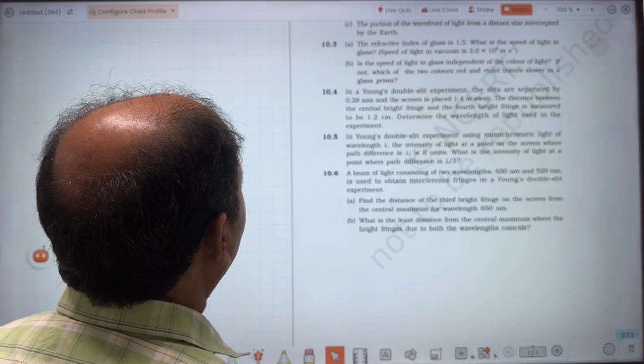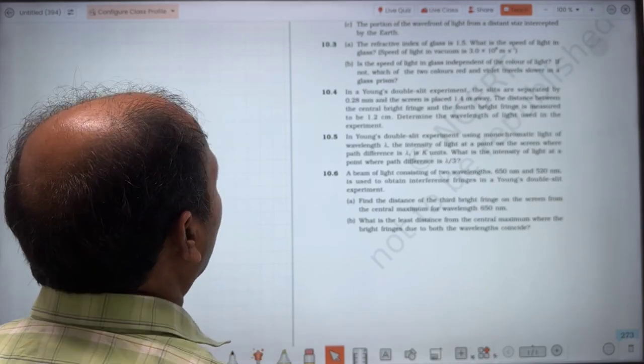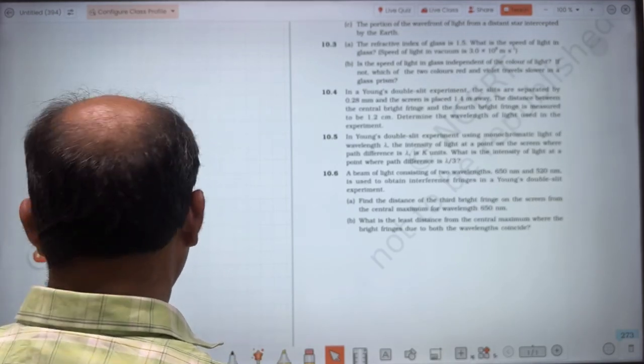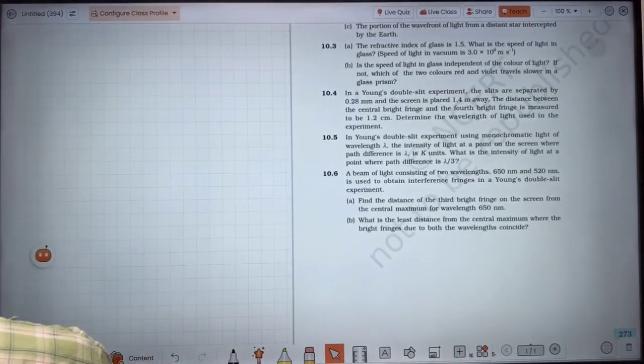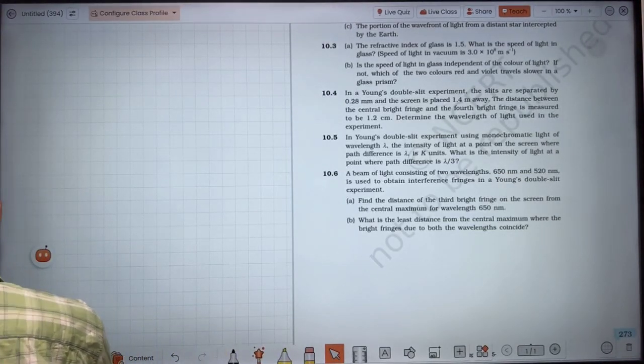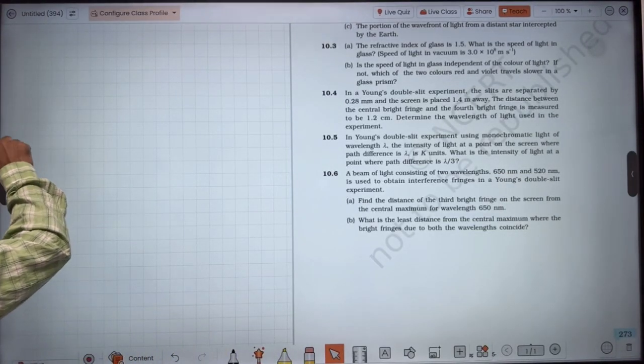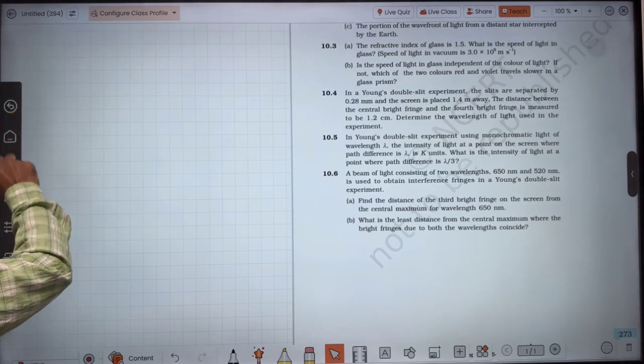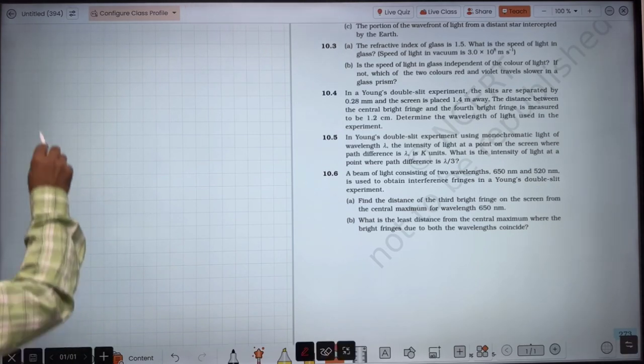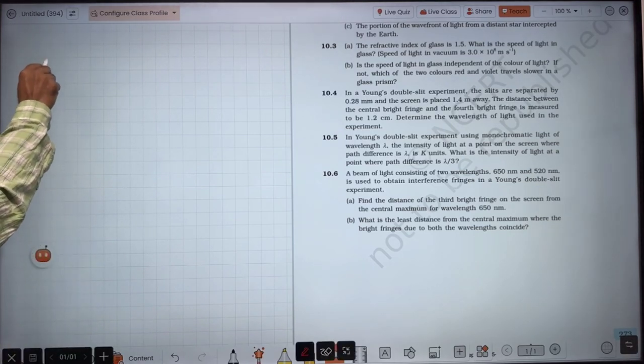What is the intensity of light at a point where path difference is lambda by 3? Right? So if you remember, we write the equation for intensity. We assume that the intensity of the two sources is the same.